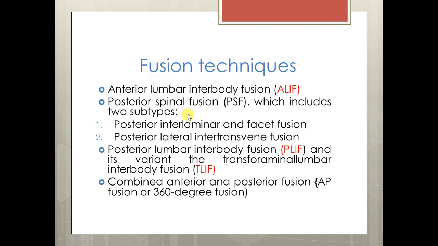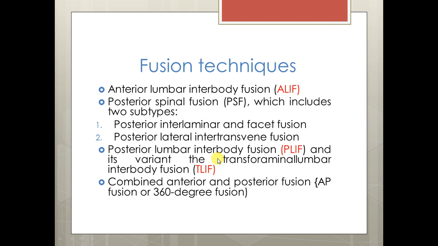What regarding fusion? I want you to know the main basic fusion technique is either from anterior or posterior. Anterior is ALIF, anterior lumbar interbody fusion. And posteriorly, if you do fusion from posterior without going anteriorly to the interbody to do discectomy, this is called posterior spinal fusion, either putting the graft interlaminar or intertransverse.